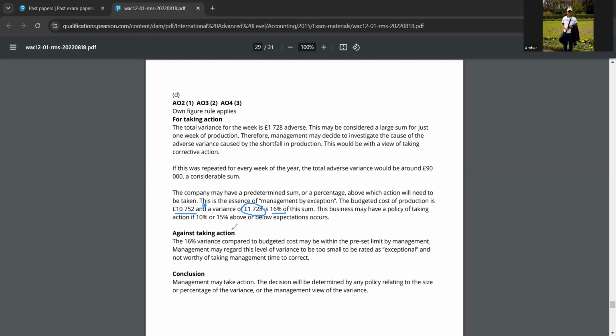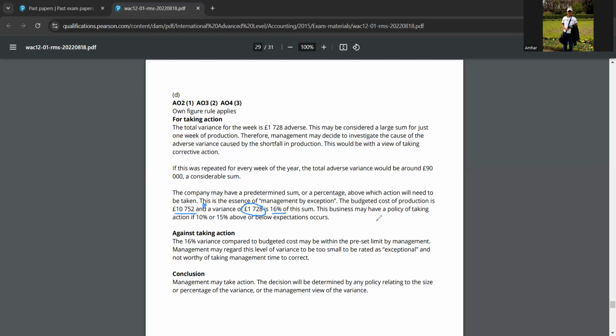The management may have a policy like, let's say, if the rate is above 15%, then they should take action. If this rate is below 15%, like 10% or 12%, then there is no need to take action. So they're saying sometimes a business can implement a policy like that. Can you understand that? Yeah, I can understand that.